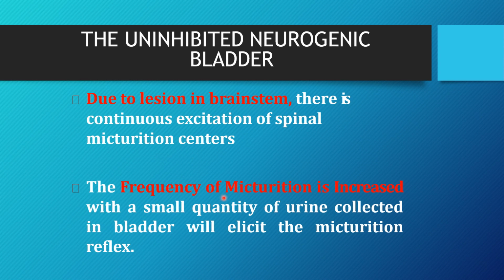Again and again, the person will feel like urinating. A small quantity of urine collected in the bladder will elicit the micturition reflex. The bladder does not fill to 300 or 400 ml; at only 50 ml, the person will go to urinate. That is the increased frequency of micturition seen in lesions of the brainstem.